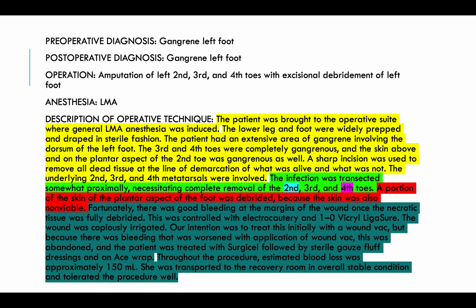Throughout the procedure, estimated blood loss was approximately 150 milliliters. Again, data that's reported after the surgery is complete. She was transported to the recovery room in overall stable condition and tolerated the procedure well. This gives you the final narrative of the procedure, and it's complete. So this is post-operative.